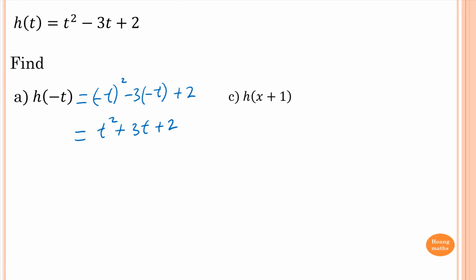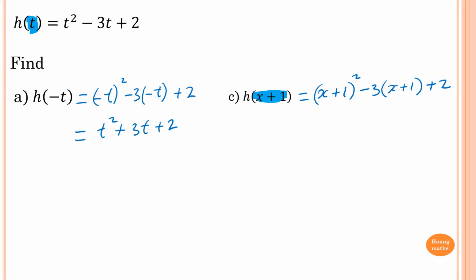Find h of x plus 1. So every time you see t, you replace with x plus 1, which is equal to x plus 1 all squared minus 3 lots of x plus 1 plus 2.